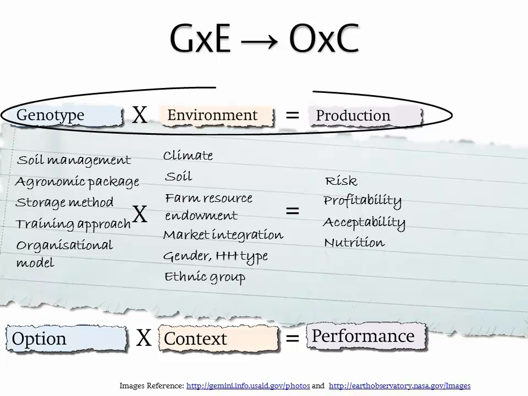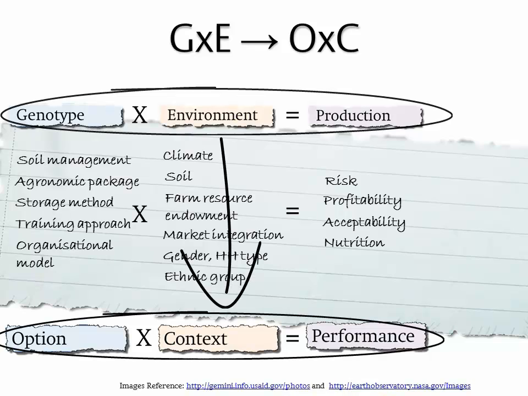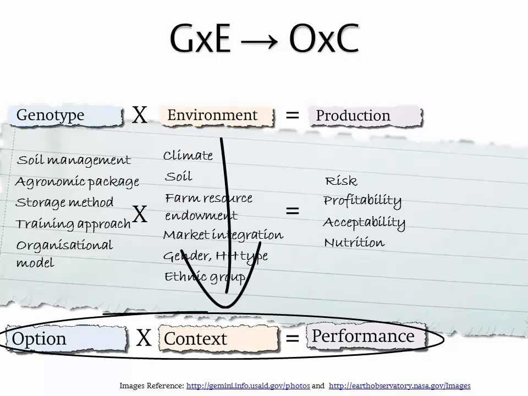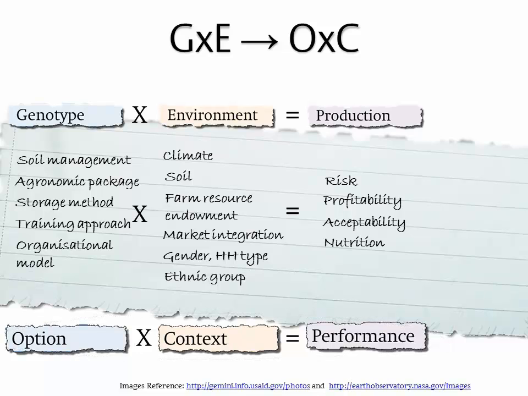So rather than just thinking about genotype by environment interaction and the way that that determines production, we think more broadly of option by context interaction and the way that that determines performance of the farming systems. And the ideas which we've described on the previous slide in relation to genotype by environment are equally relevant here.